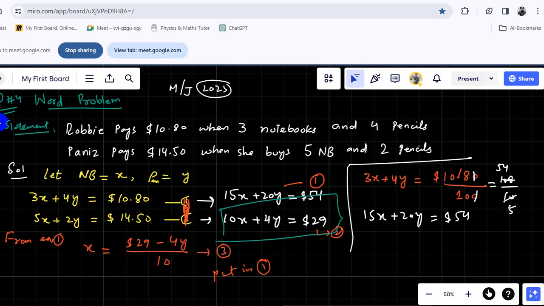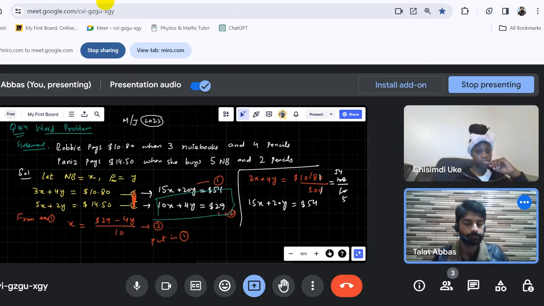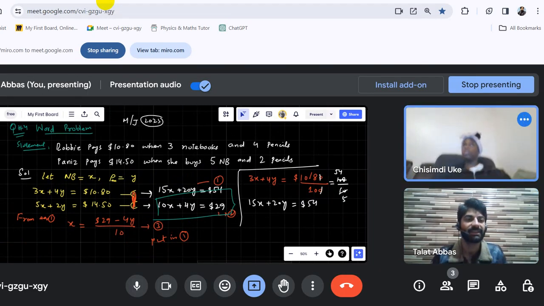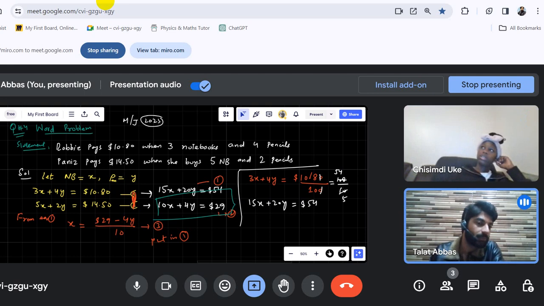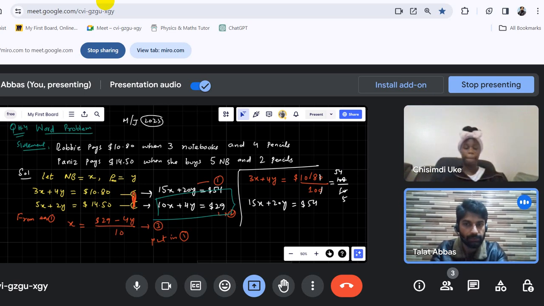Yes, if we opt for the elimination method, that is the elimination method. So I will email these slides to you, and try to solve the same question using the elimination method. I think you will find the elimination method good for this word problem.